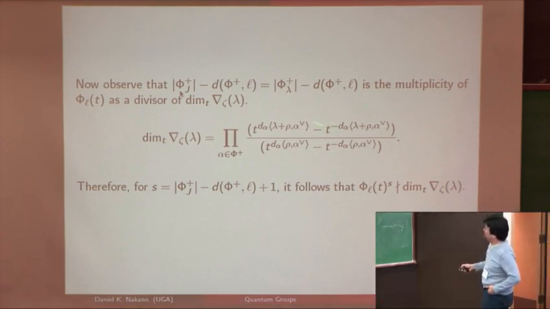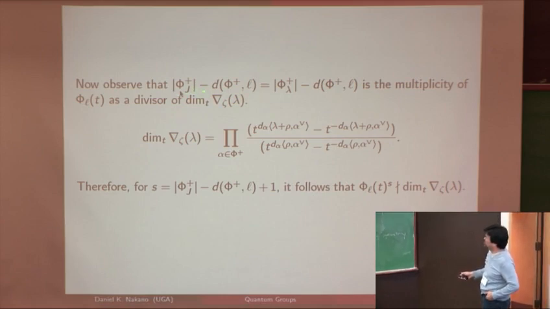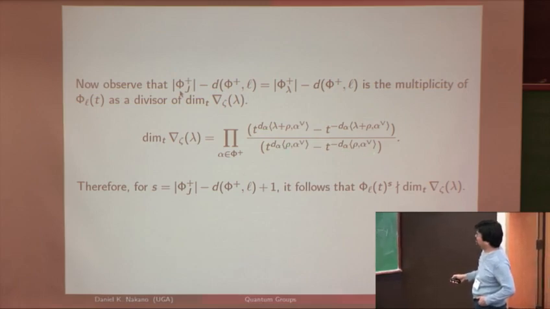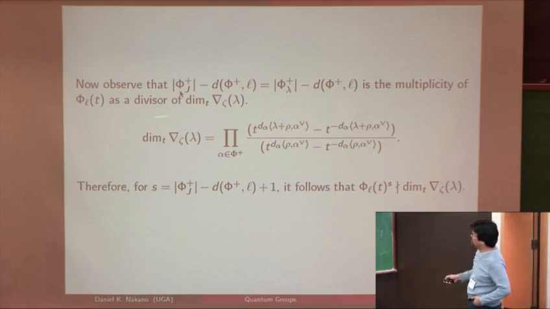So first of all, observe that this thing up here. So if I take phi_J plus, that's the same thing as phi_lambda plus. Okay. So this phi_lambda plus connects to this inner product here and here. Okay. This d phi plus l connects to looking at the weight, whether it's a multiple of l over here. So this is just the multiplicity of this cyclotomic polynomial as a divisor inside of this.